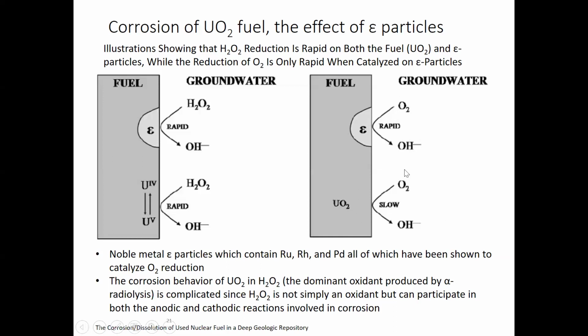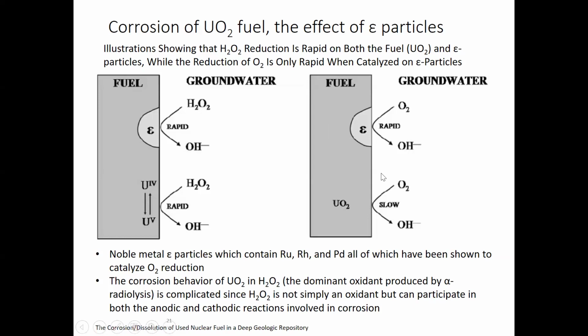And so this is one of the reasons why we focus on peroxide as our main concern and not oxygen, because for O2 itself, the reaction rates on the epsilon particles versus the fuel are so completely different that we basically assume that almost all of it is going to be catalytically reduced due to these epsilon particles. They play a big role in that sense for what we see for corrosion behavior.